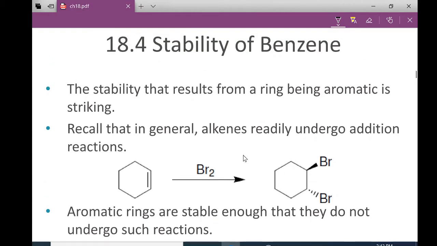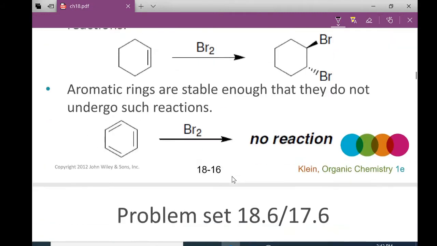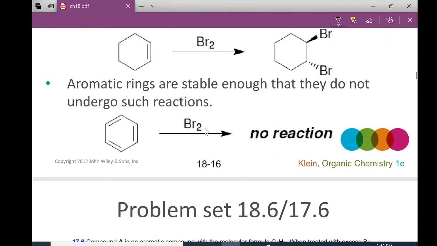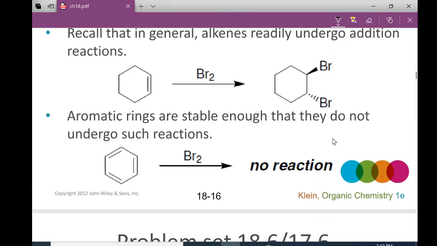And therefore it reacts really readily with bromine. But if we try to add a bromine across one of the double bonds in benzene, we get no reaction. We're going to see in the next chapter that we can actually get a reaction with bromine, but it's not an addition reaction. We're going to actually get a substitution reaction, and we're going to have a catalyst and a lot stronger conditions.